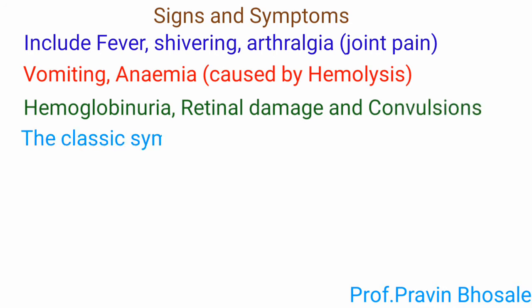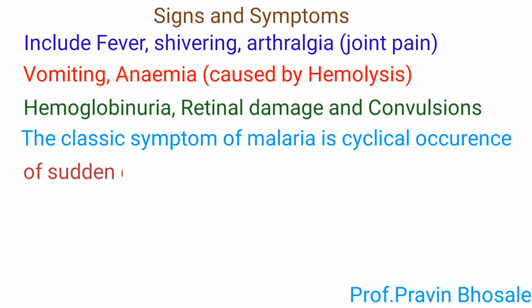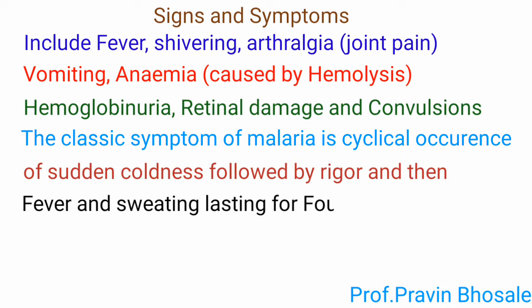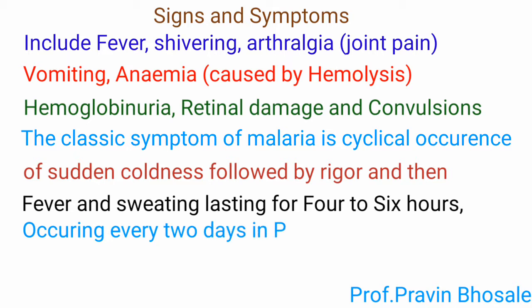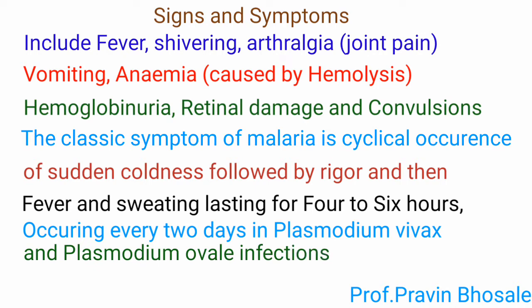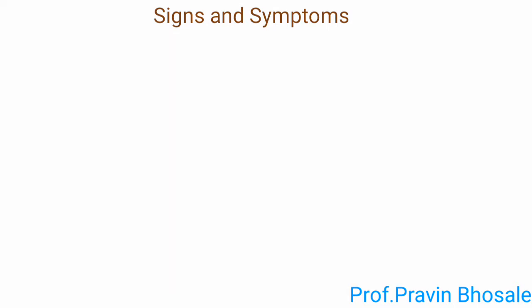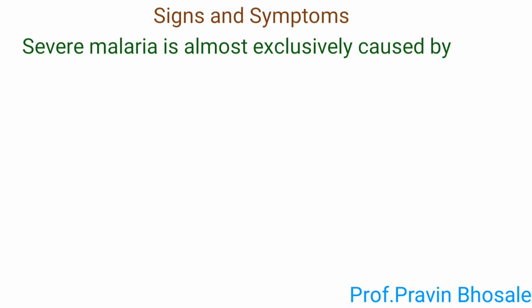The classic symptom of malaria is the cyclical occurrence of sudden coldness followed by rigor and then fever and sweating lasting 4 to 6 hours, occurring every 2 days in Plasmodium vivax and Plasmodium ovale infection, while every 3 days for Plasmodium malariae. Severe malaria is almost exclusively caused by Plasmodium falciparum infection.